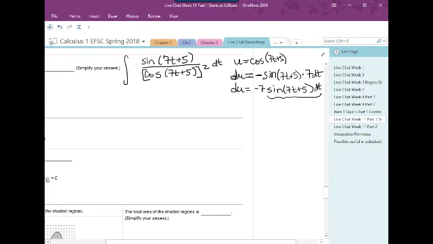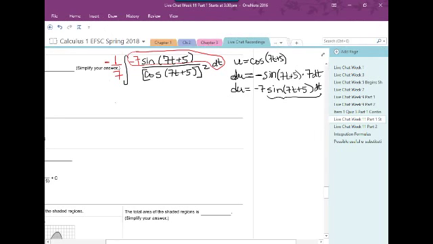I'm going to multiply by negative 7 on the inside of the integral, and then on the outside I'll multiply by its reciprocal, negative 1/7. If I do that, then I have all of the stuff here, and the dt is my du, and then u is the cosine part.